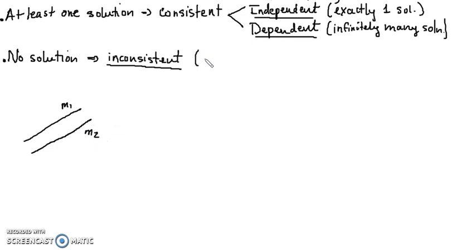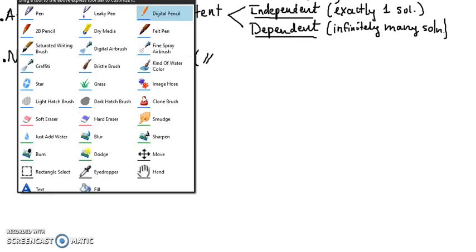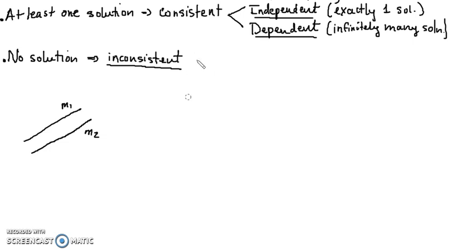In this case, the two lines are parallel to each other. To make it less confusing, let us label this as L1 and this as L2. So inconsistent means L1 is parallel to L2.